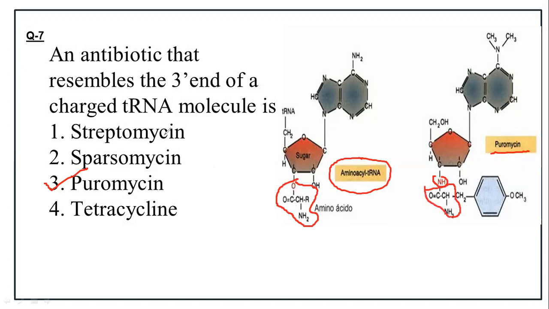Puromycin is the structural analog of aminoacyl tRNA, or charged tRNA. So the answer will be puromycin.